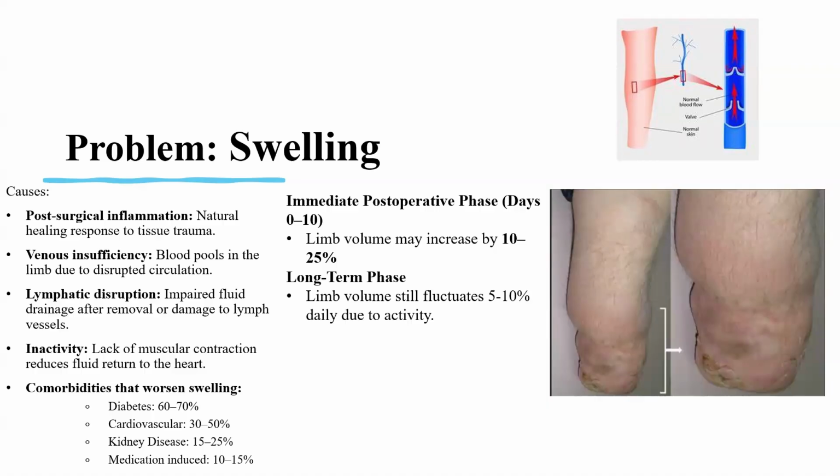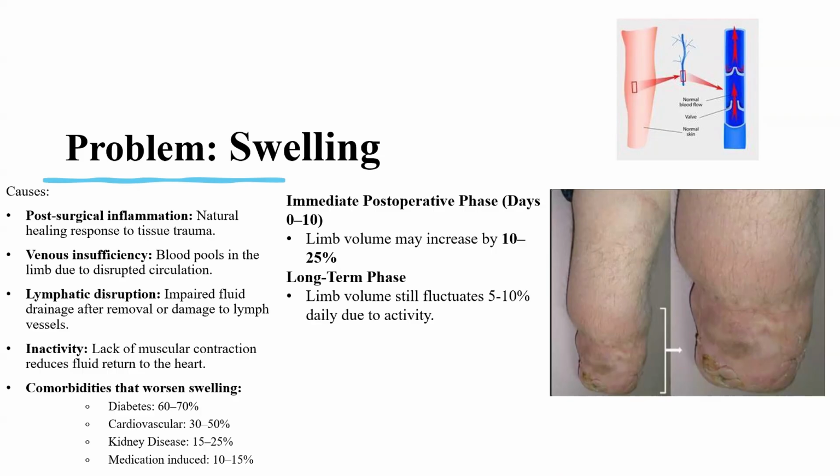Another cause is inactivity. Since the limb is now amputated, there is a lack of muscle contraction, and another way that the body naturally brings blood and fluid back up is via muscle contraction.